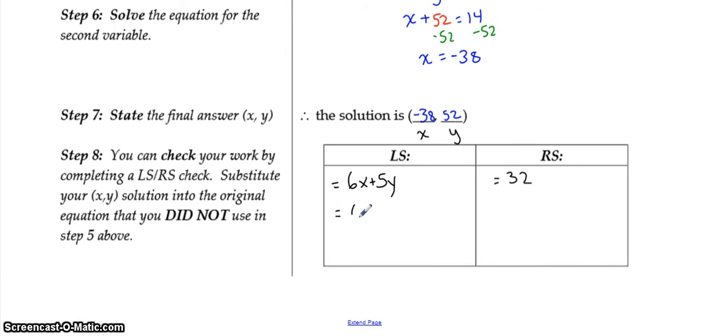So let's substitute 6 times negative 38 plus 5 times 52. Using your calculator will give you 32. So left side equals right side. So that tells you that that is the correct solution.